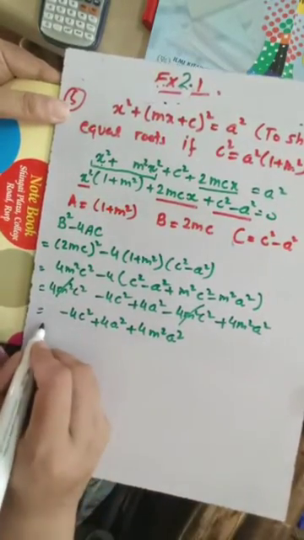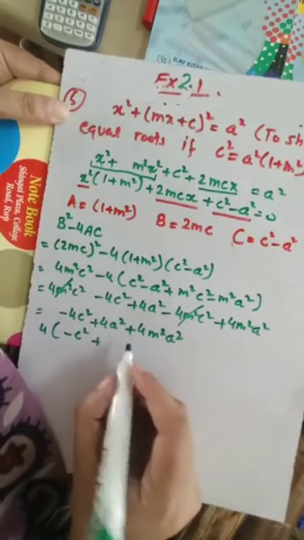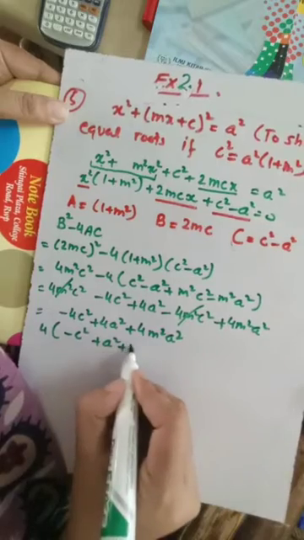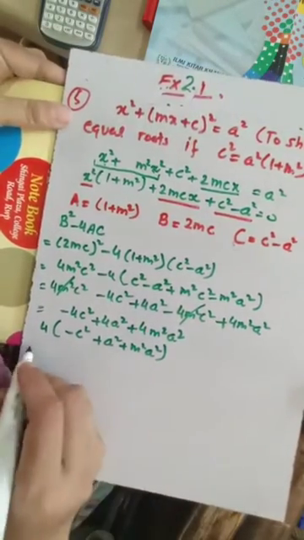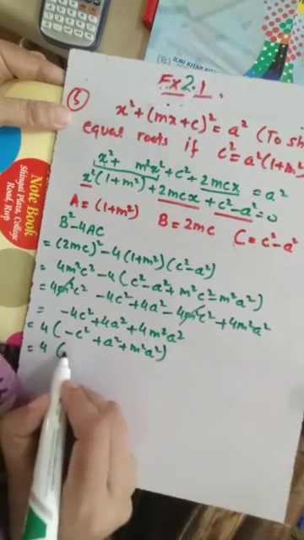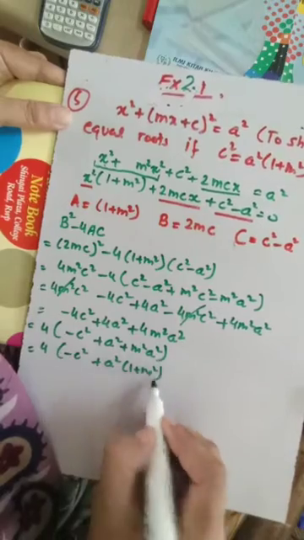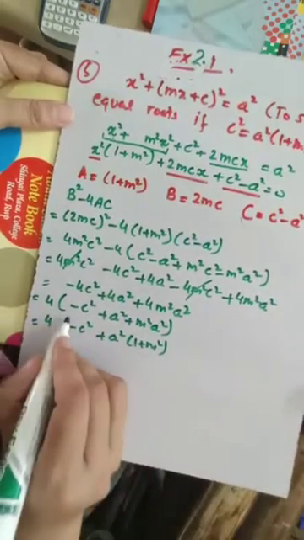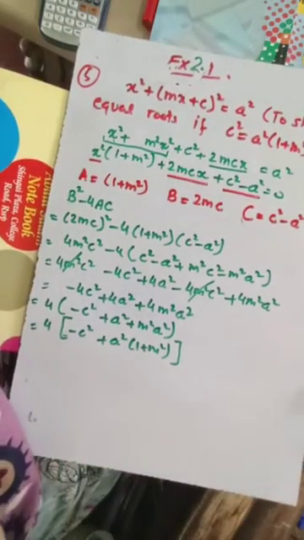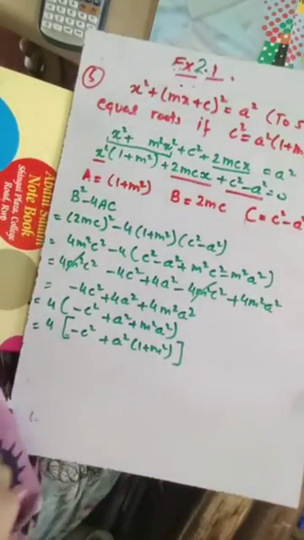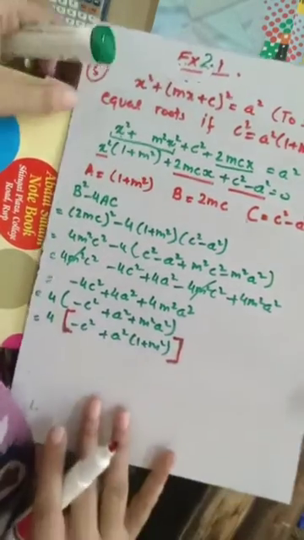Now if I take 4 common from this, what do we get? Negative c square plus a square plus m square a square, okay. So over here b square minus 4ac is equal to this expression.